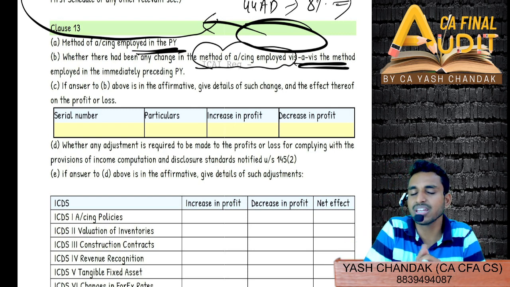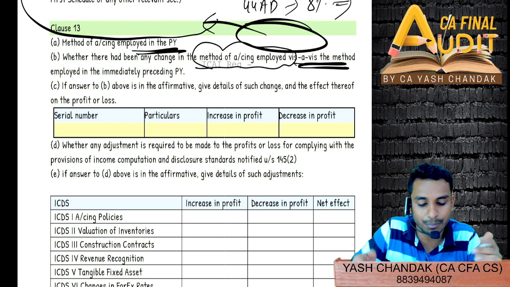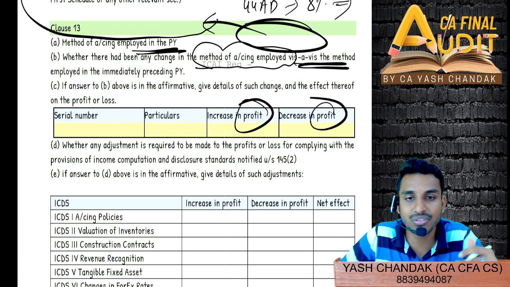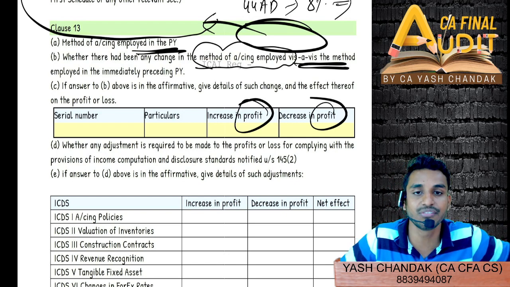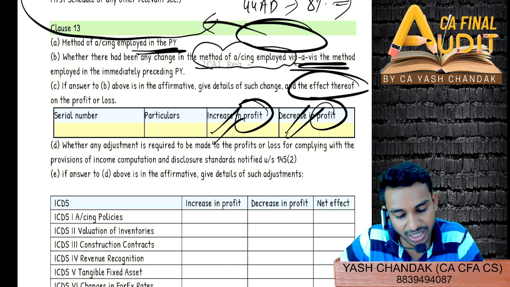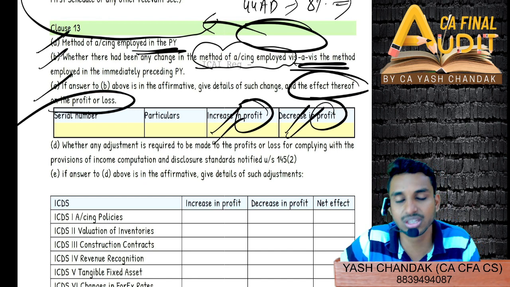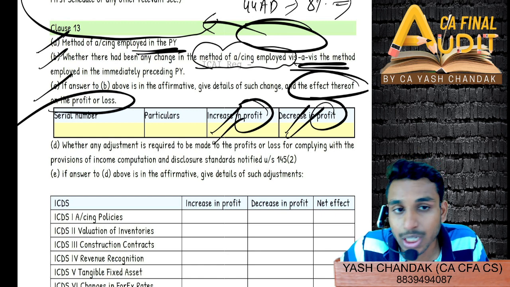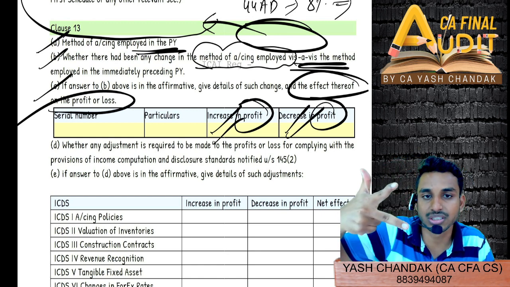And if yes, there is a change, then you have to specify the impact on the profits, whether profit has increased or decreased due to the change from mercantile to cash or from cash to mercantile. You have to specify the change and the effect on profit and loss. So this is 13A, B, C. This talks about the method of accounting, whether there is any change, and the effect of such change.